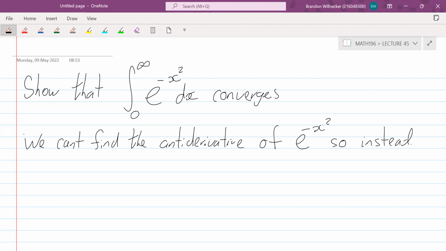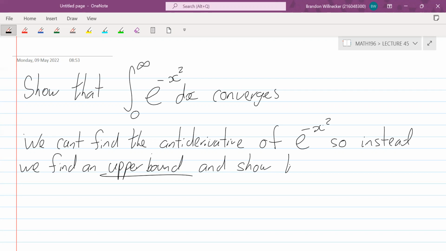So instead, we find an upper bound, some function that's bigger than it, and show that it converges.